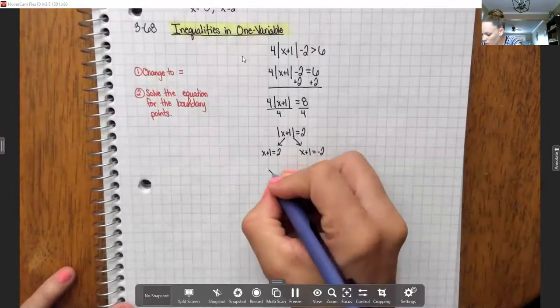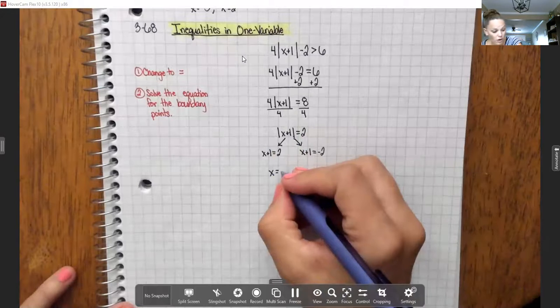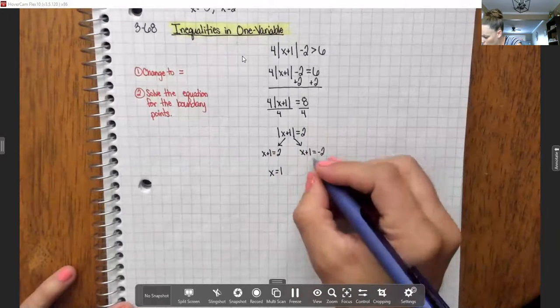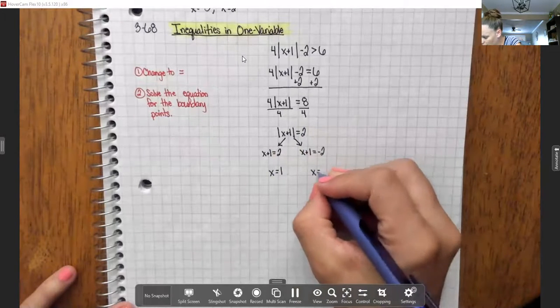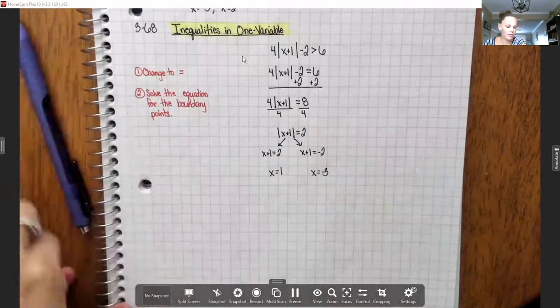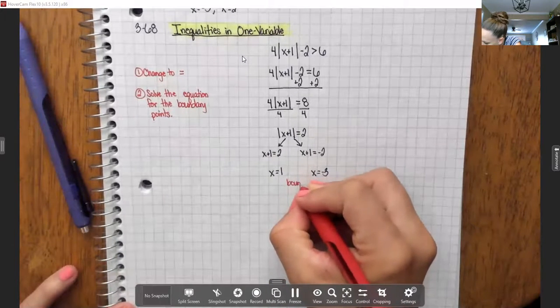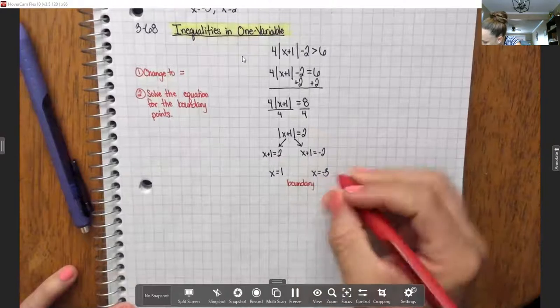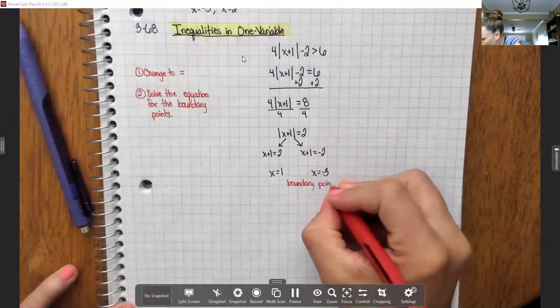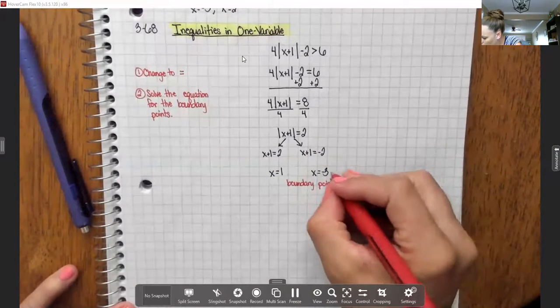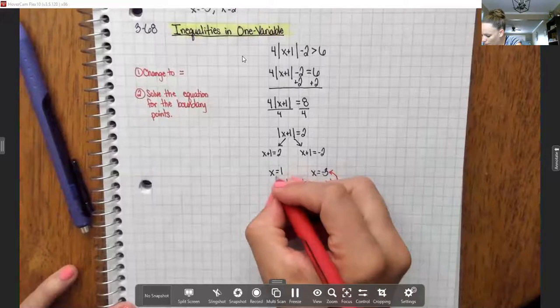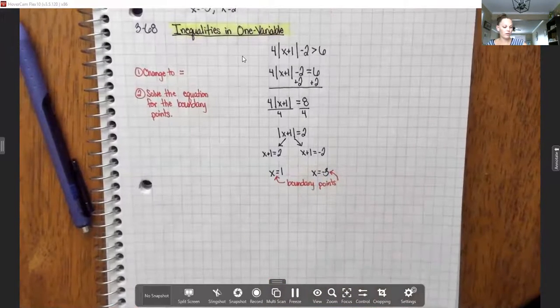Subtract 1, we get x equals 1. Subtract 1, we get x equals negative 3. These are our boundary points that we were looking for.